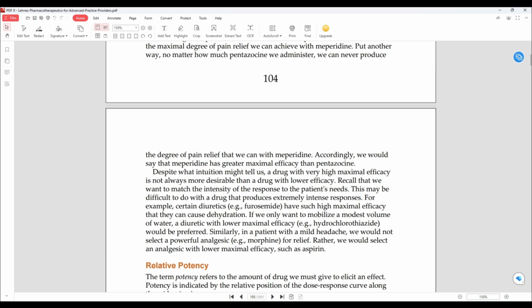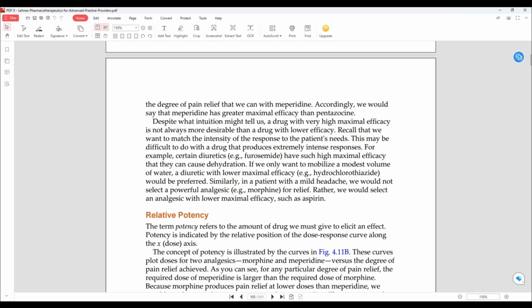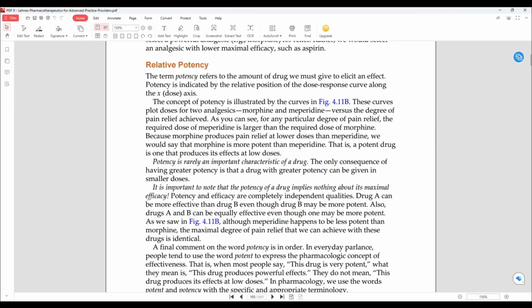If we only want to mobilize a modest volume of water, a diuretic with a lower maximal efficacy, like hydrochlorothiazide, would be preferred. Similarly, in a patient with a mild headache, we would not select a powerful analgesic for relief. Rather, we would select an analgesic with lower maximal efficacy, such as aspirin.